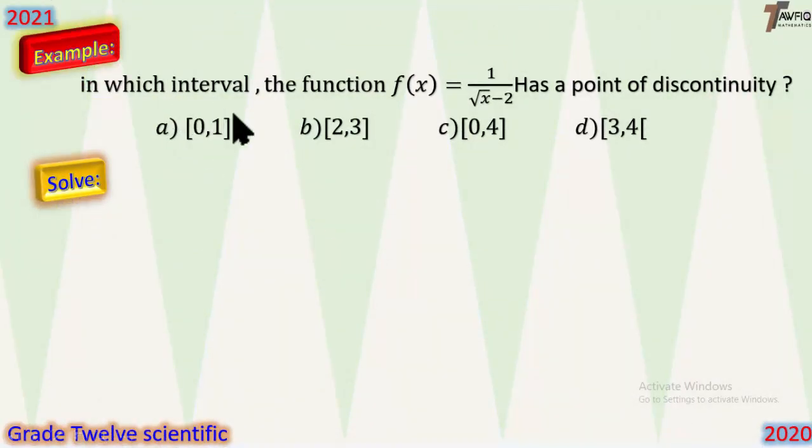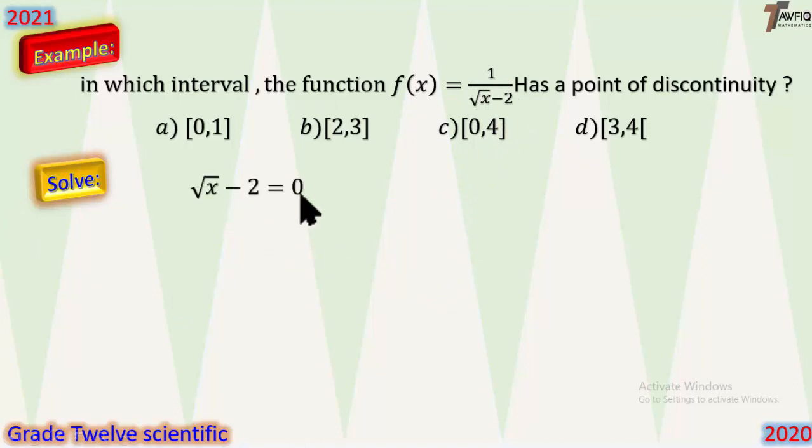In which interval does the function f(x) equal 1 over square root of x minus 2 have a point of discontinuity? To find the point of discontinuity, first of all, we must find the domain of this function. To find the domain of this function, make the denominator equal to 0.